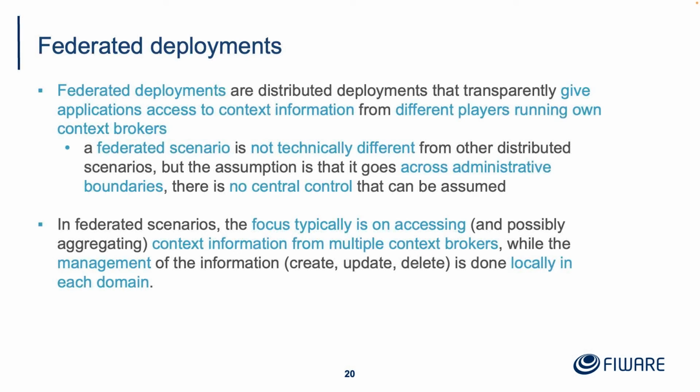Now, in theory, you could extend this so that I could do actions onto the system. I could do patches. However, again, the majority use case of proper federation is get. You update locally, but you get across the entire federation.